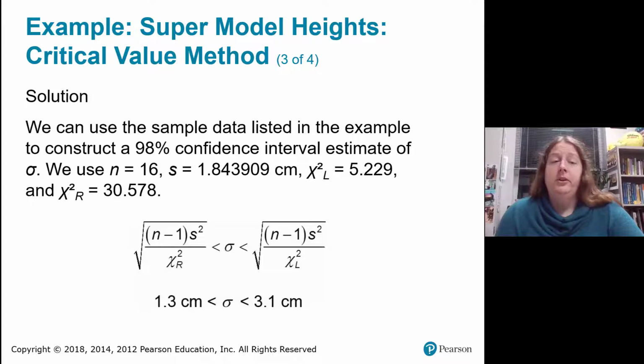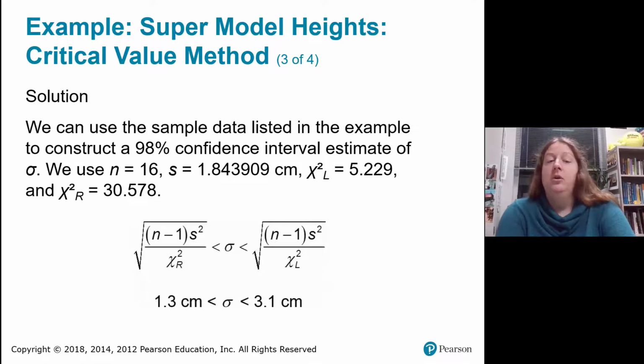This is just like in the previous chapter when we were putting together confidence intervals. We can use the sample data that was listed in the example to construct that 98% confidence interval estimate. We know n is 16. We know our sample standard deviation is 1.843909, which we got by calculating it from the sample that was given.